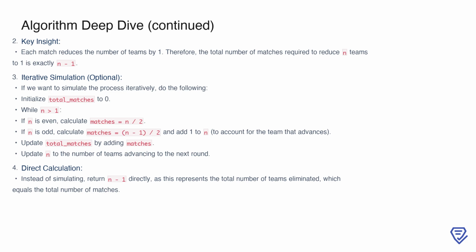We'd then update total_matches with the number of matches just played and update n to the number of teams advancing to the next round. However, the iterative simulation isn't necessary for solving the problem. Since the total number of matches equals the total number of eliminations, we can directly return n-1 as the result.